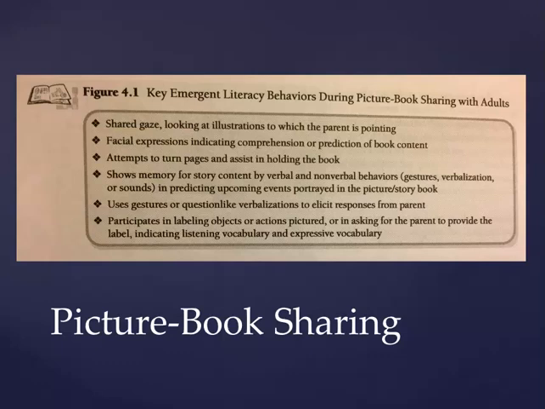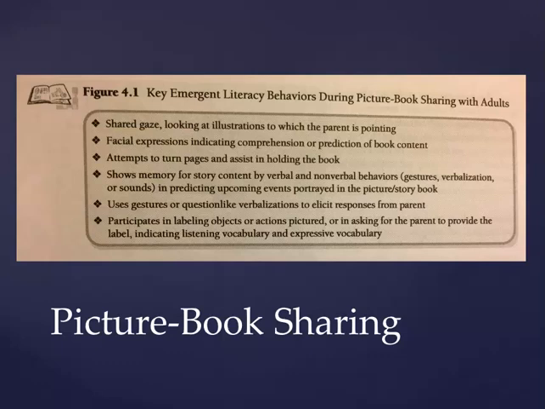So we can see that the child now has or can have a shared gaze when they're looking at illustrations to which the adult is pointing. Their facial expressions can indicate their comprehension, that they understand what's going on. They can also predict what is going to happen in the book.